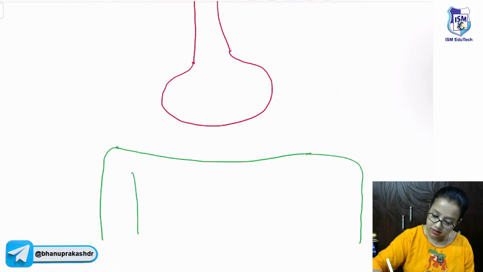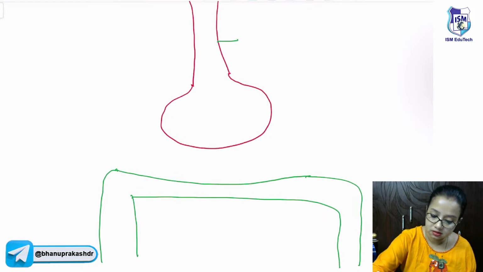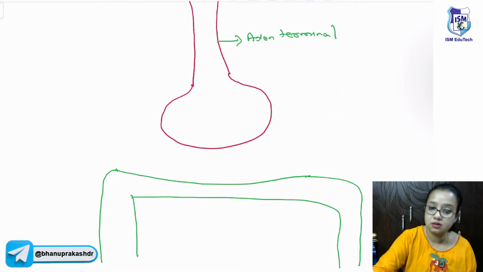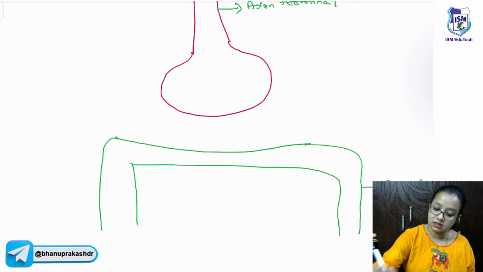Okay, in a simplified manner, we are drawing the diagram. So, this is the axon terminal, this is the sarcolemma, and this is the synapse.